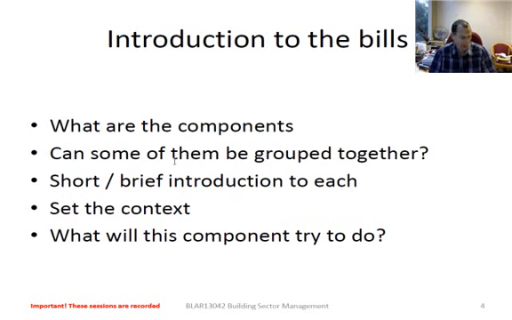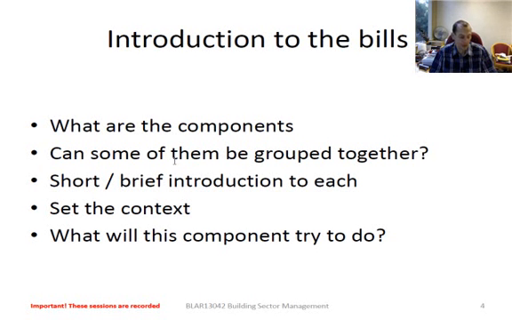The second part of the question that I wanted you to focus on is basically just a short and brief introduction to the components of the bill. This is what we have, and this is what we're going to see. And typically for this section, if you had a 2-line, 3-line type intro for each of the components, that would be great.